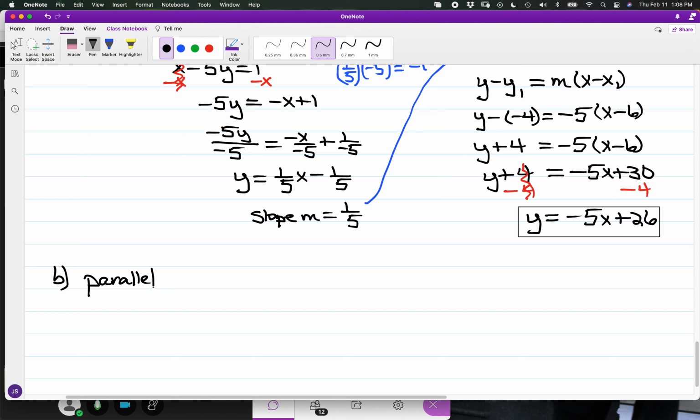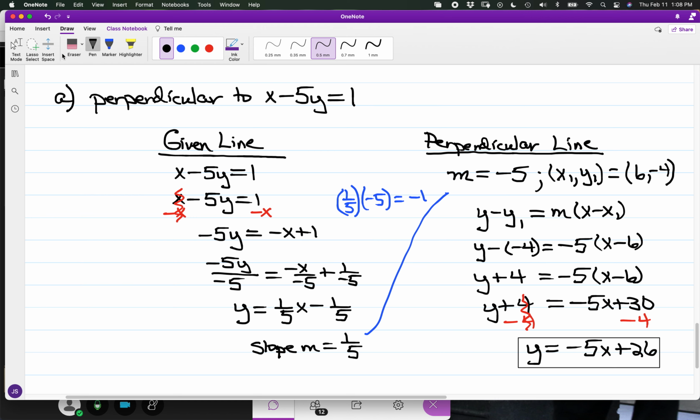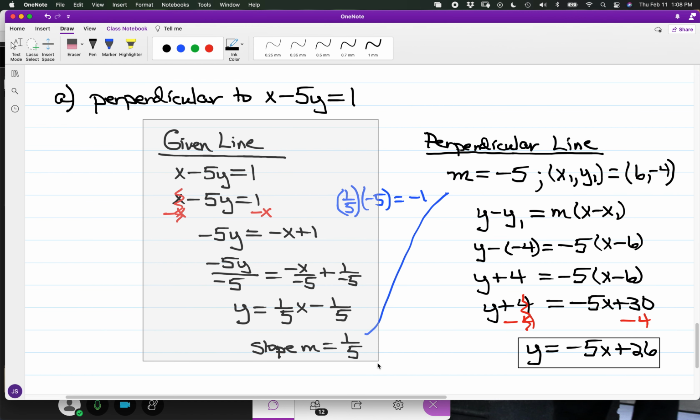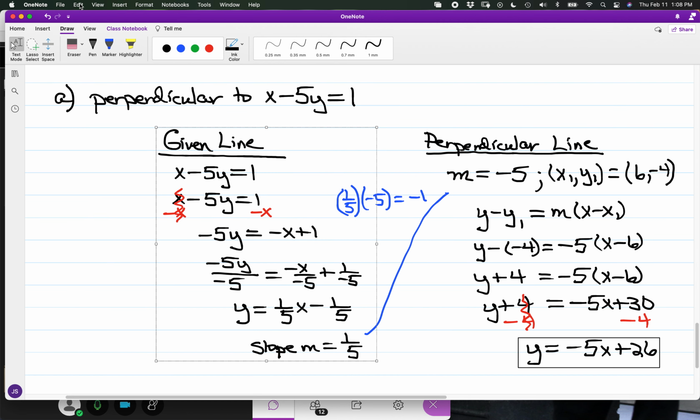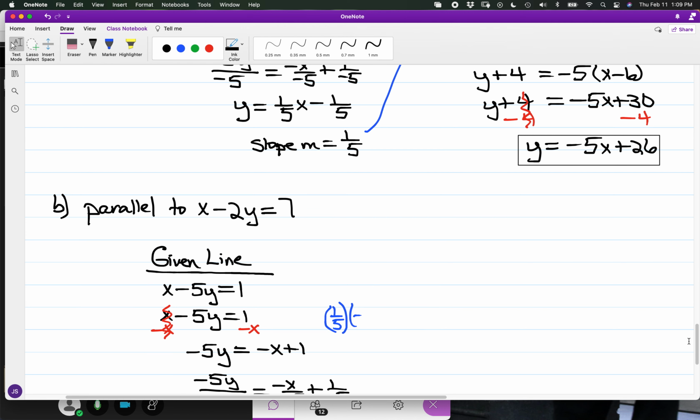okay, so if I had to run parallel to x minus 2y is equal to 7, so I'm just adding in this part. So just kind of repeating what I have for the given line.